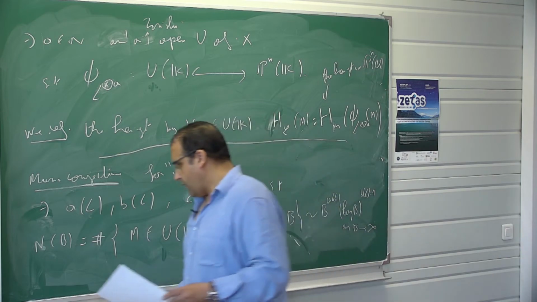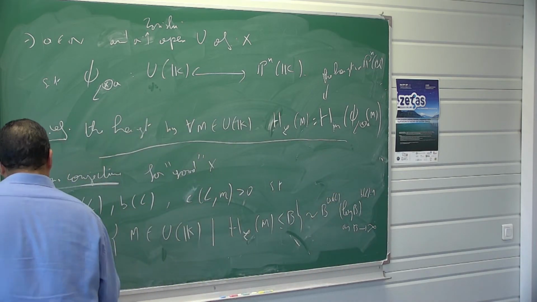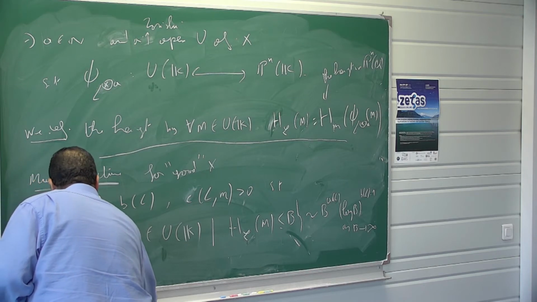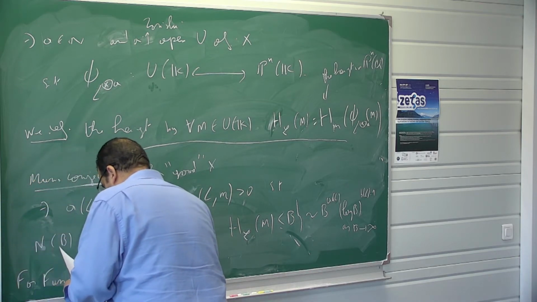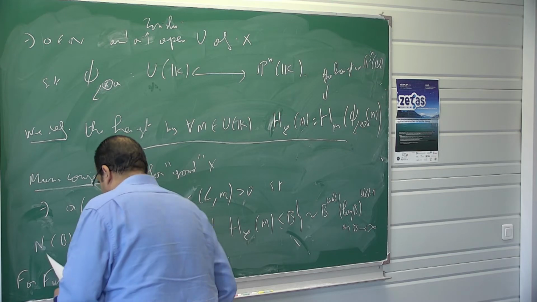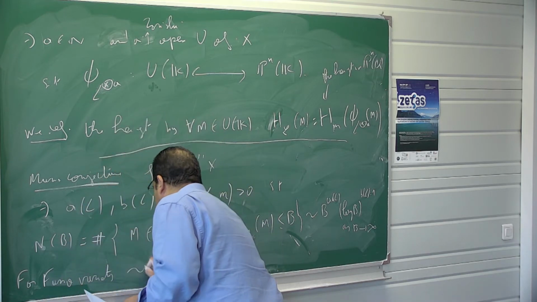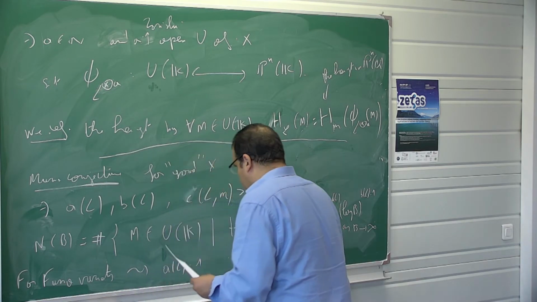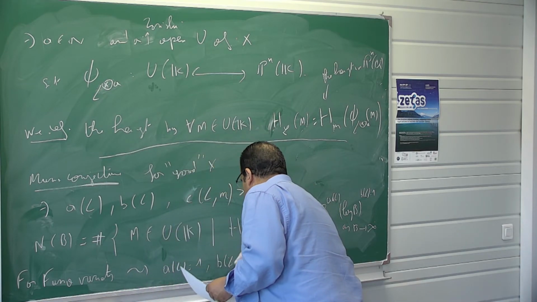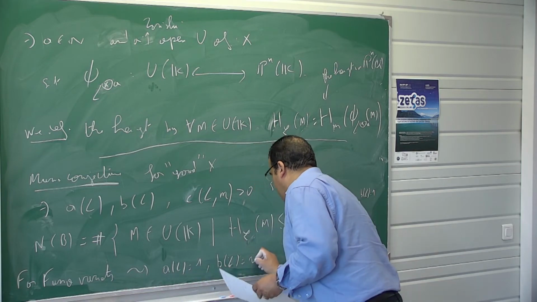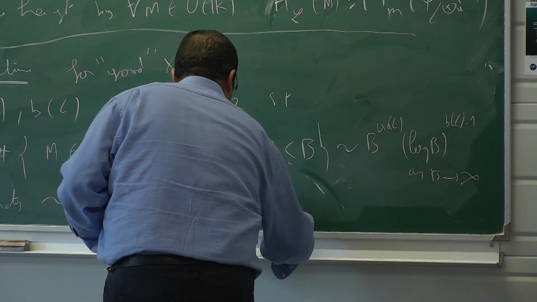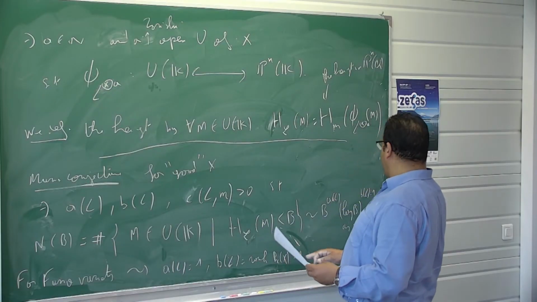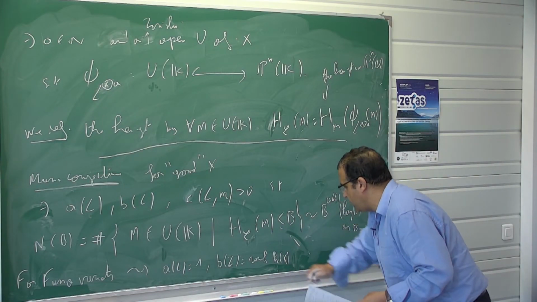And for example, for Fano variety, the conjecture predicts that E_L must be 1, B_L must be equal to the rank of the Picard group of X. Here I put minus 1, so I don't need minus 1 here.